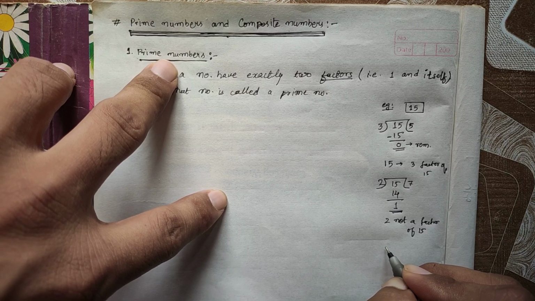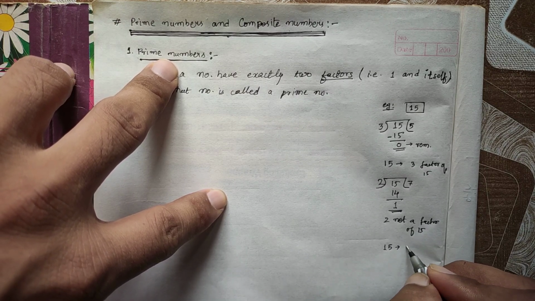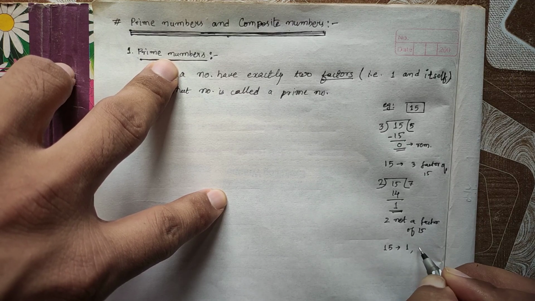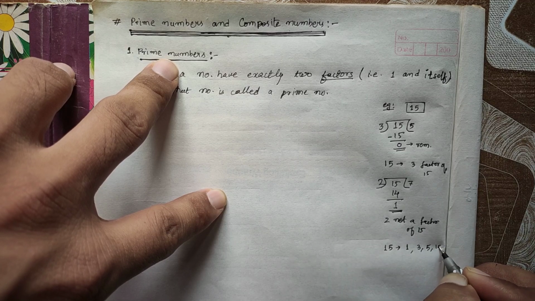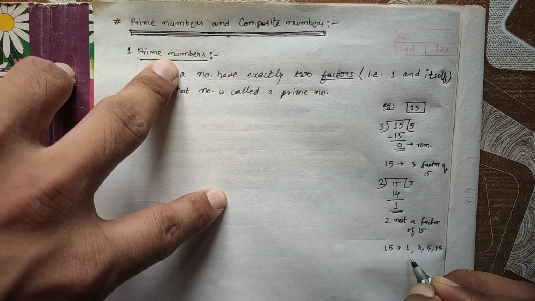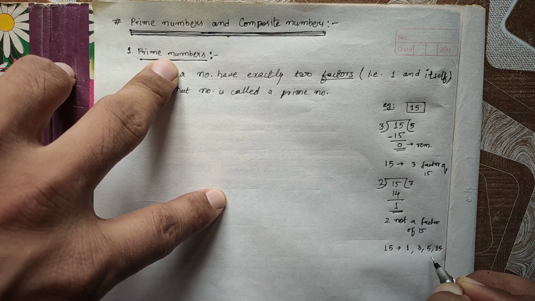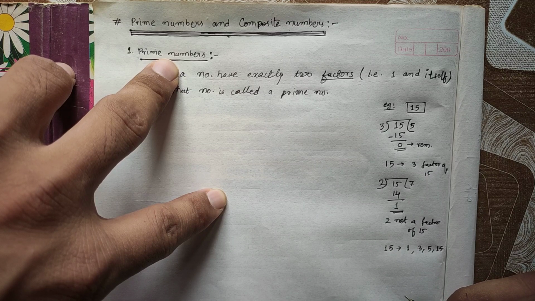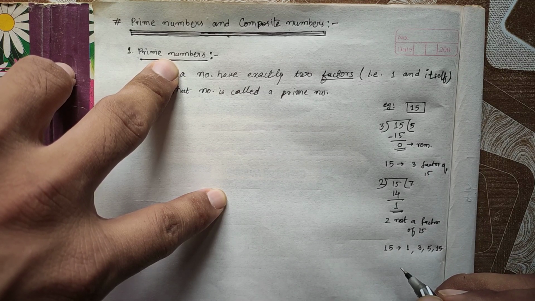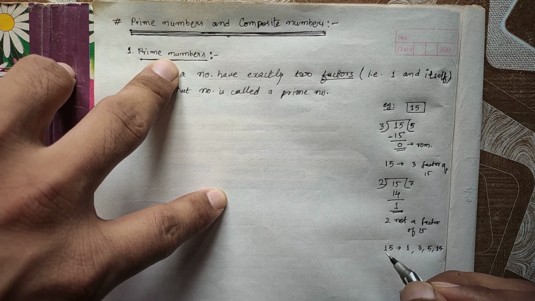So the factors of 15 are 1, 3, 5 and 15 itself. So 15 has 4 factors: 1, 2, 3, 4. Others like 2, 4, 7 do not divide 15, so they are not factors of 15.